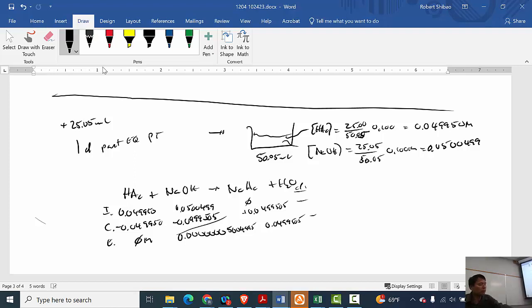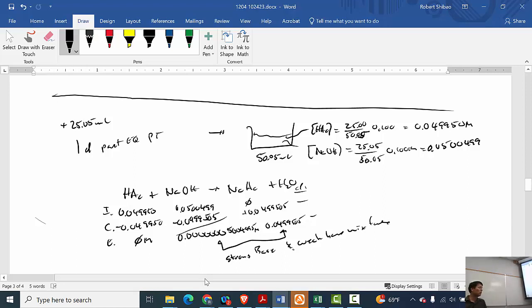Okay, what we have here at the end of this is a strong base and weak base mixture. When we have a base mixture, we look for all hydroxide contributors.